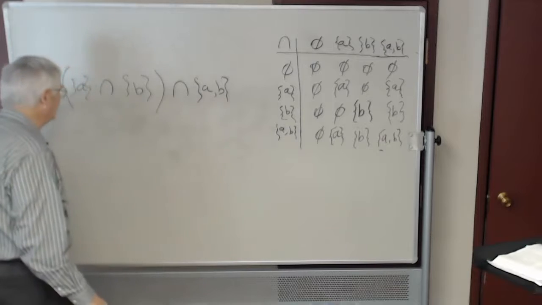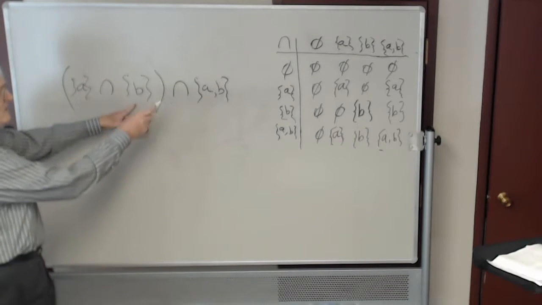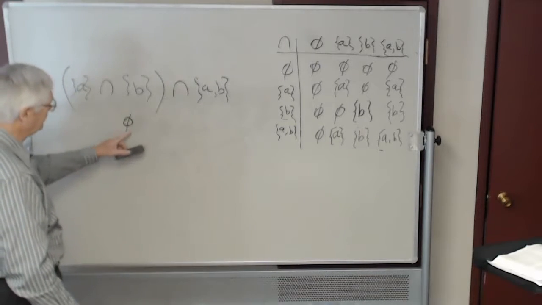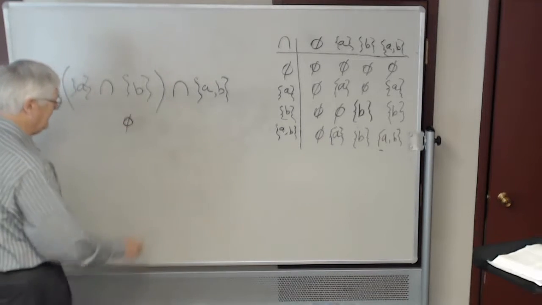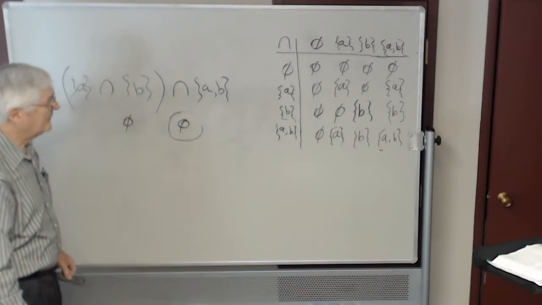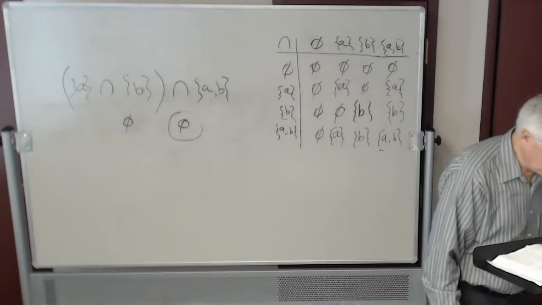The set is almost for A and B. So what's the intersection of A and B? Empty set. Where does empty set intersect with the set AB? Empty set, right? Now what do I do next?